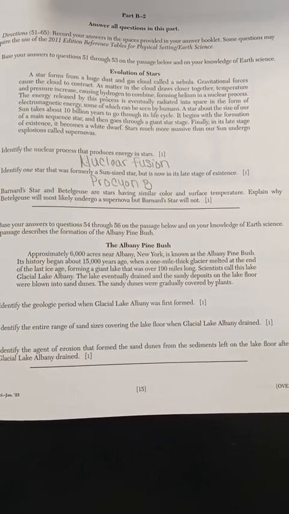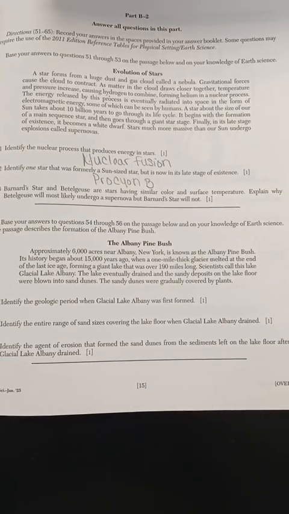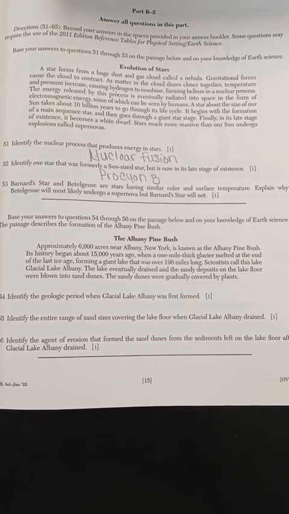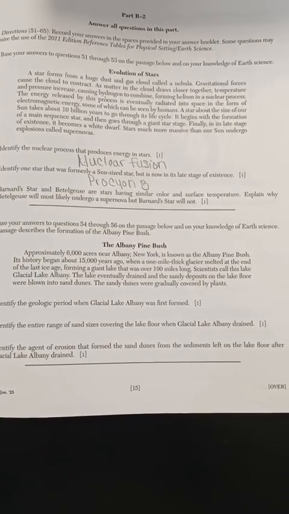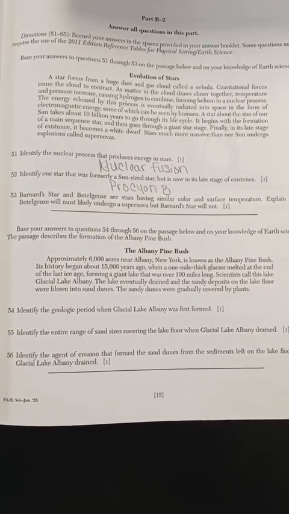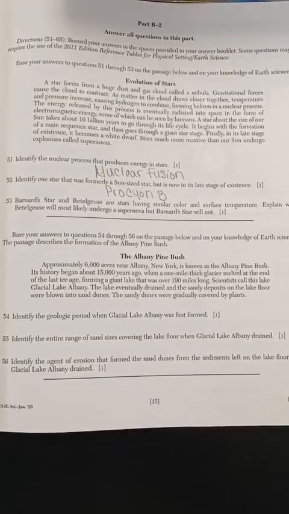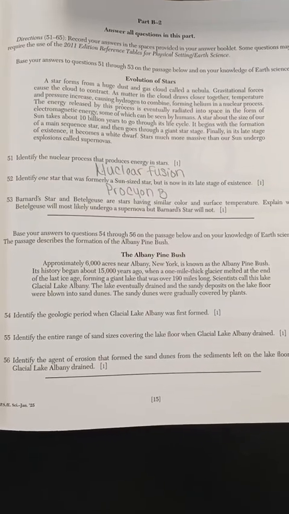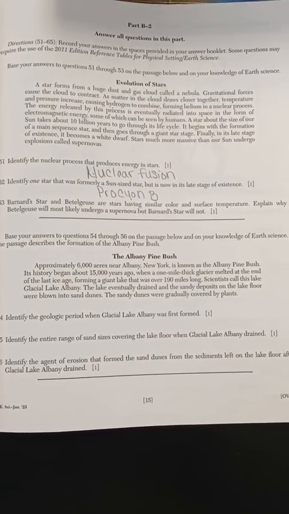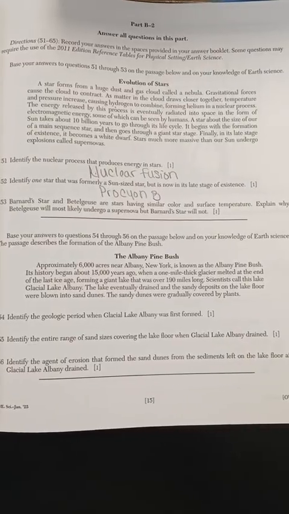Its history began about 15,000 years ago when a 1 mile thick glacier melted at the end of the last ice age, forming a giant lake that was over 190 miles long. Scientists call this lake Glacial Lake Albany. The lake eventually drained, and the sandy deposits on the lake floor were blown into sand dunes. The sandy dunes were gradually covered by plants.